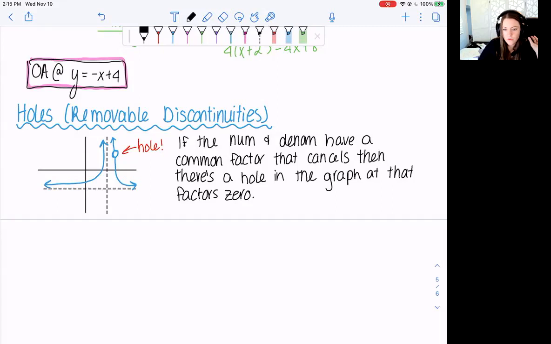So if the numerator and denominator have a common factor that cancels, then there's a hole in the graph at that factor's 0.